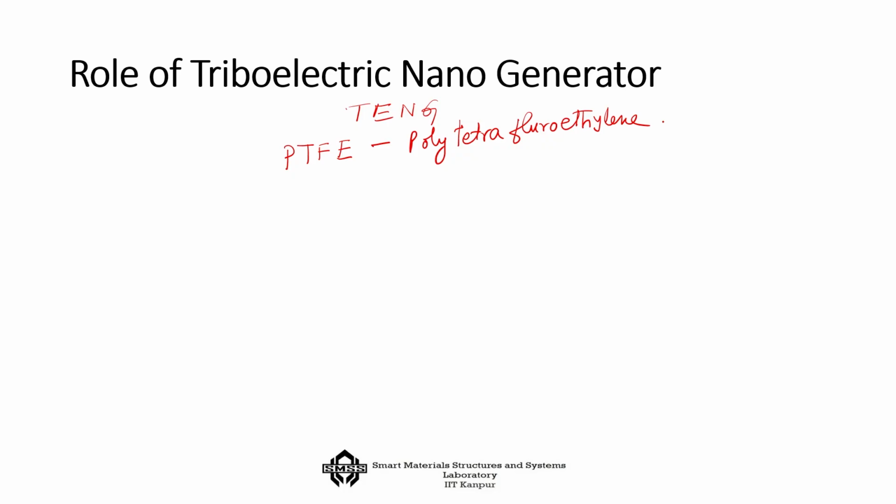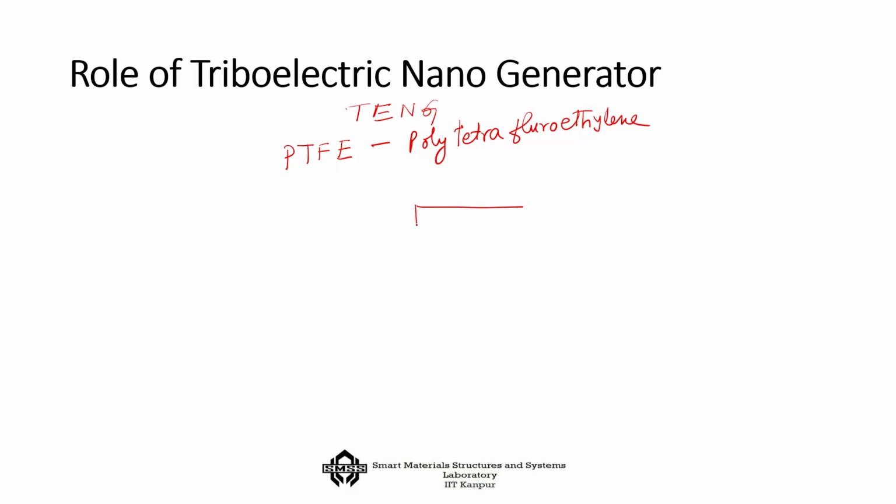Now, PTFE is an excellent electron taker. The fluorine can simply snatch electrons. So, suppose you have a PTFE layer, and suppose you have nylon here, or even human skin, but say you have nylon, and then PTFE is going to snatch electrons from nylon.